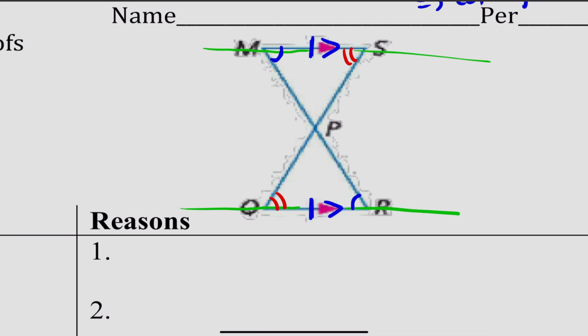What do I notice? Okay, so I can see that these angles here are congruent by vertical angles.